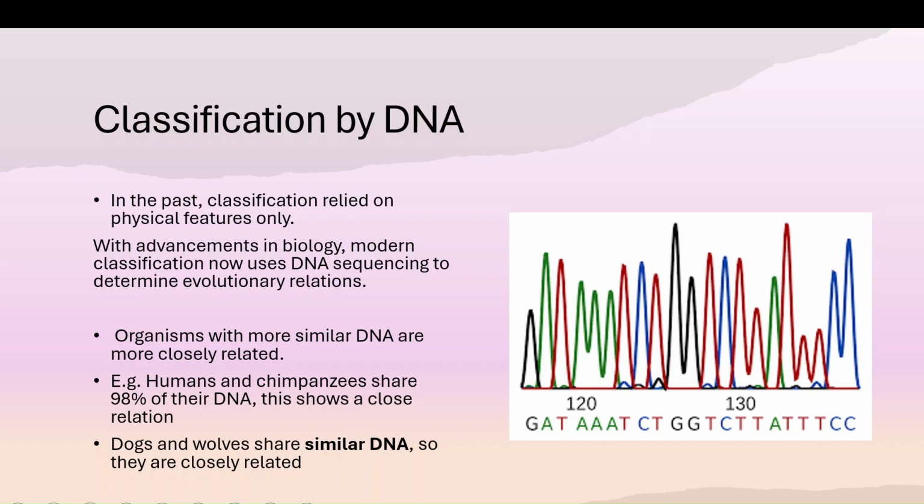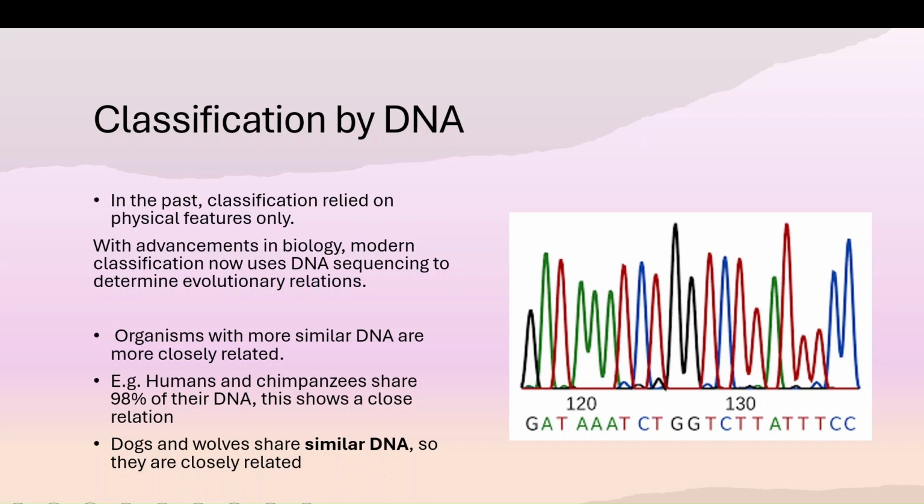Well, DNA stands for deoxyribonucleic acid. It's the instruction manual that's found inside of our cells. And it's written in a special chemical code that only uses 4 letters, A, T, C, and G. This code decides everything about the organism, from eye color to even body structure.